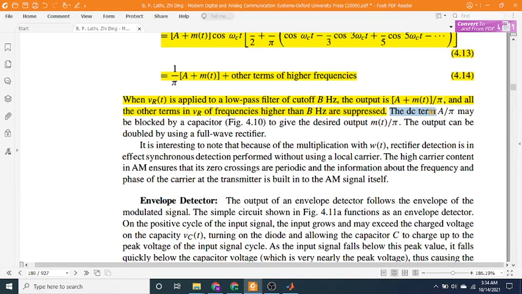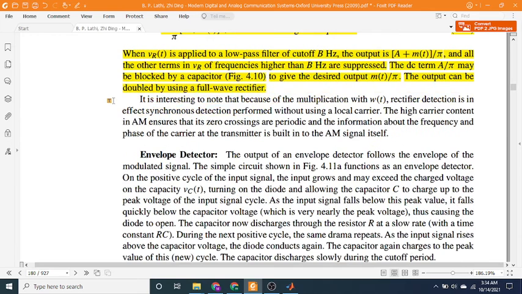The DC term A/π may be blocked by a capacitor, Fig. 4.10, to give the desired output m(t)/π. The output can be doubled by using a full-wave rectifier.